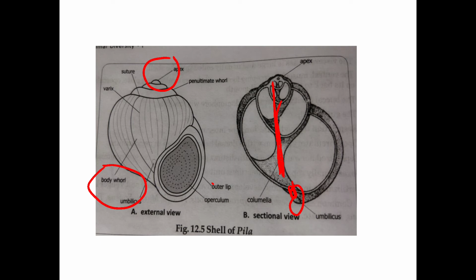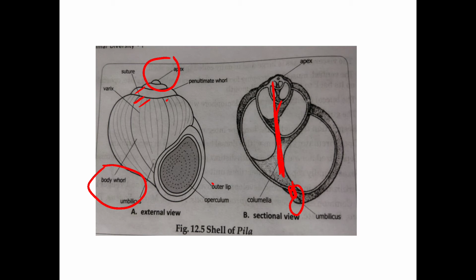The apex is the smallest whorl, and the second one is larger than the apex whorl. The shell is unilocular, with no septum or separate chamber inside. Externally, the whorls are demarcated by boundary lines called sutures.